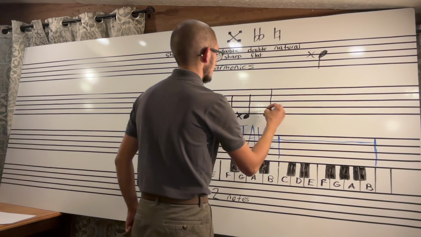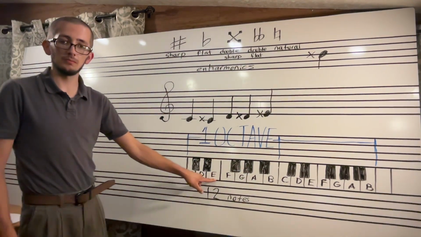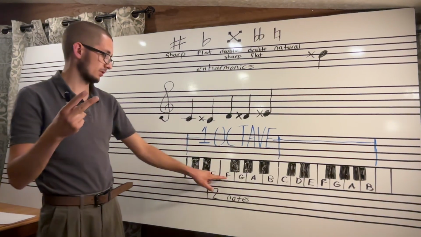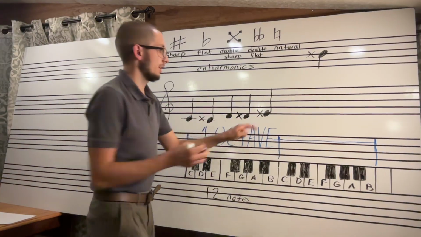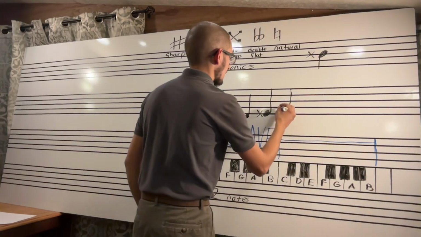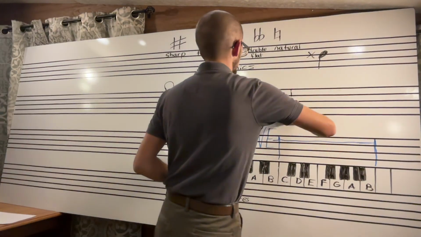Let's draw an E right here and put a double sharp next to it. If we start right here at E and raise E up by 2 half steps, we get to F sharp. So E double sharp and F sharp are enharmonic equivalents. Let's do F double sharp now.